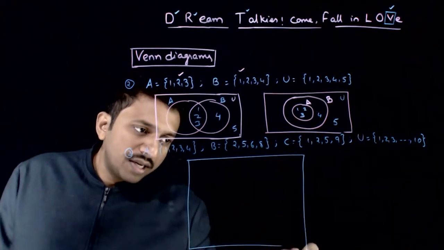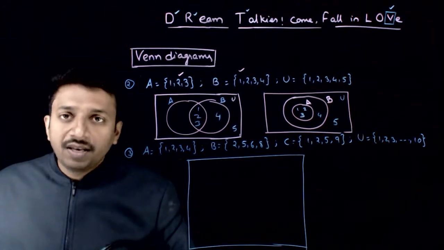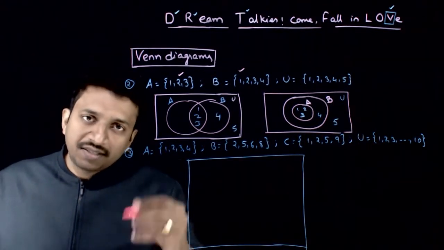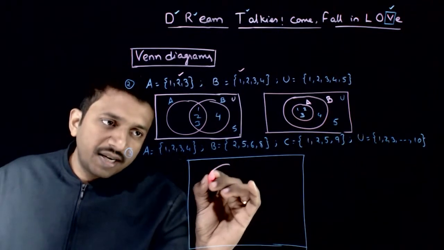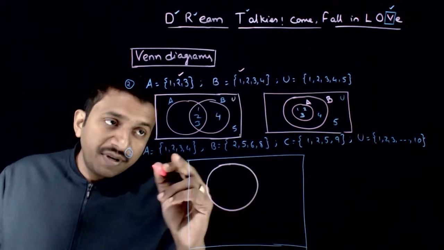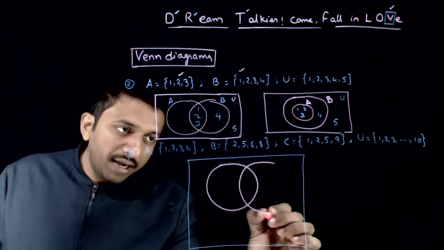Next, let us draw circles corresponding to the sets. So let this be the set A. Now let this be set B. There is some intersection, so I'll draw an intersection.